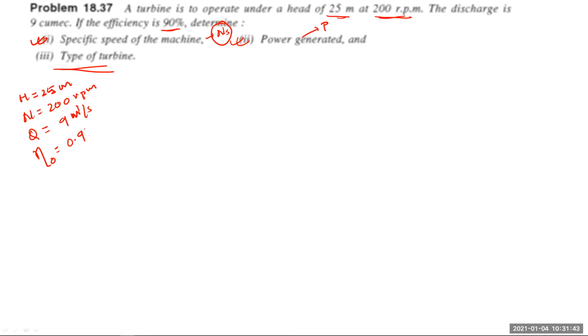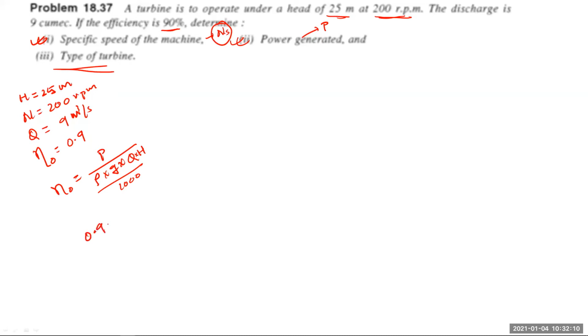Now, we know that overall efficiency is given here. We also know the formula for overall efficiency. It is nothing but P upon rho into g into Q into H divided by 1000. This value is equal to the overall efficiency. Here, all the parameters are given. This eta is 0.9.